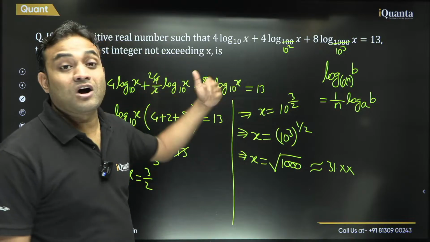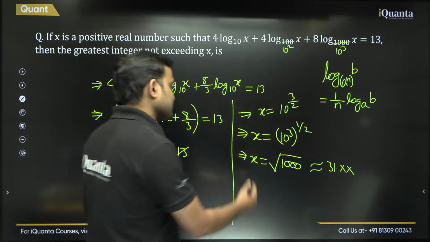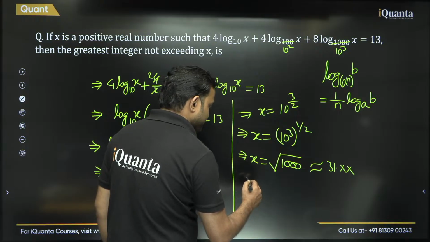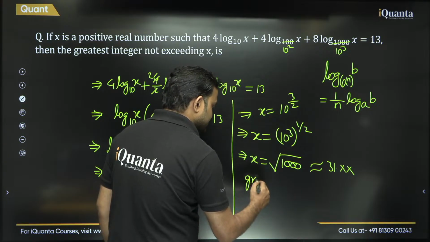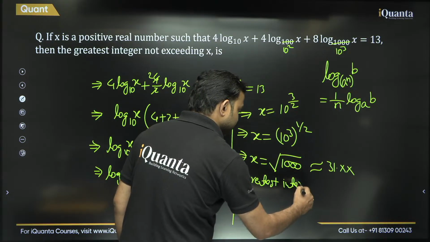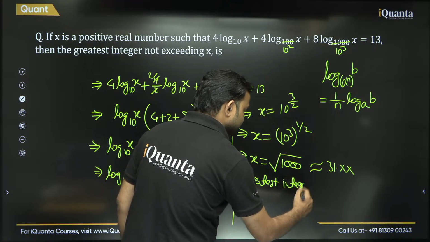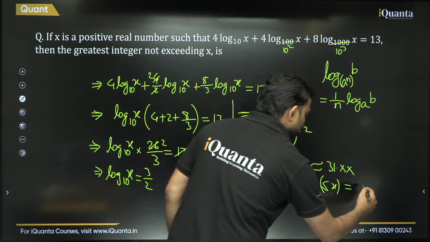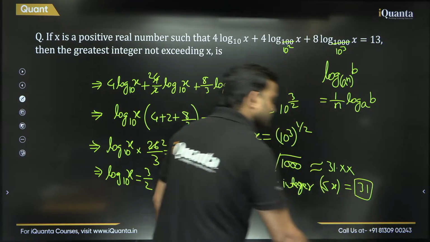Question is, greatest integer not exceeding x, greatest integer not exceeding x, right? So we can say greatest integer less than or equal to x is equal to 31, right?